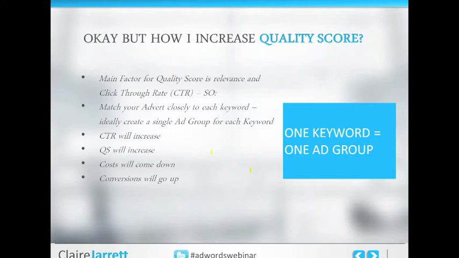So there is something called account quality score. Sometimes if your account has been running for a really long time with a low quality score, 4 or lower, it can actually make sense to start again because your account quality score is really low. As well as that, in some marketplaces the whole marketplace has a very low quality score.